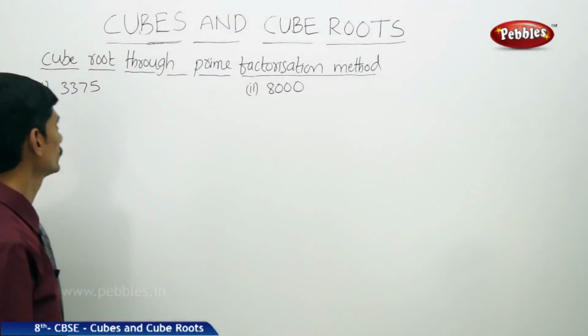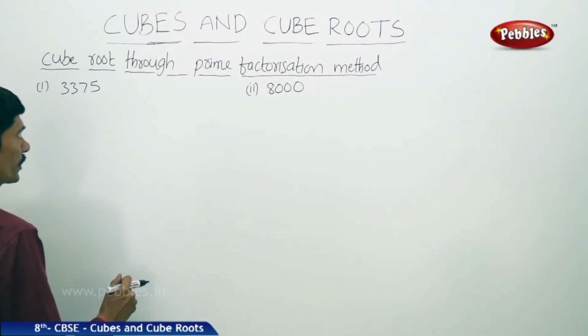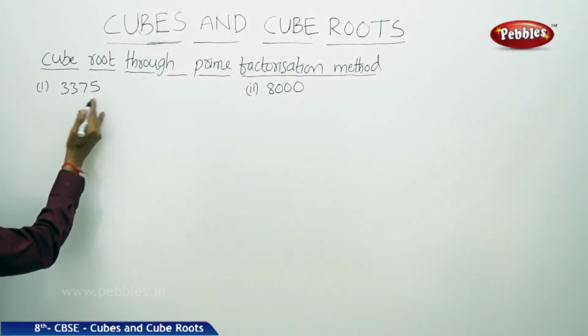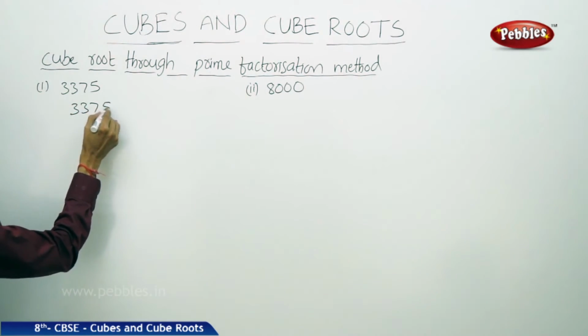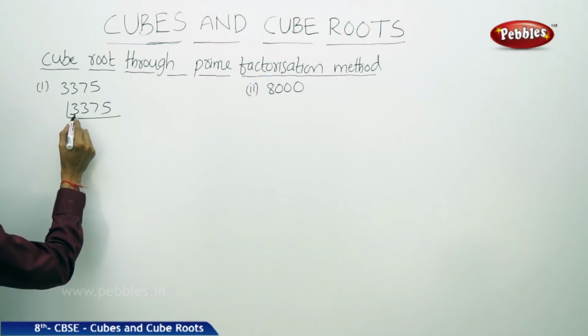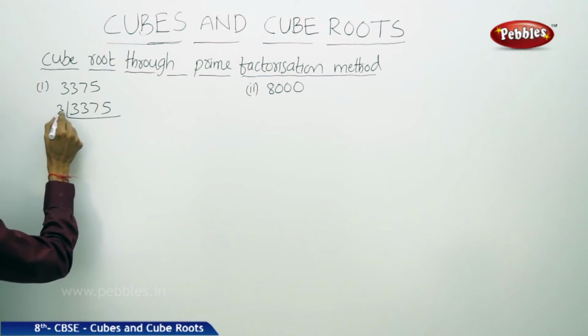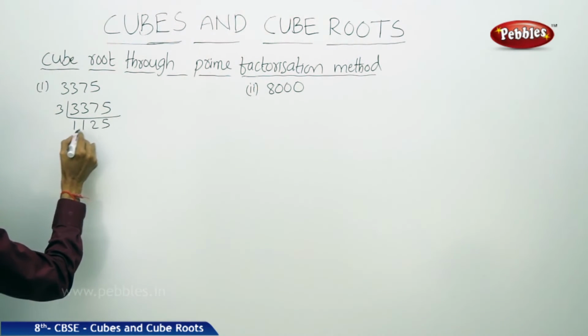The next topic is cube root through the prime factorization method. So we will find the cube root of natural numbers using the prime factorization method. So first we will take 3375. Now it is divisible by the 3 table. 3 1s are 3, 3 1s are 3, 3 2s are 6, 3 5s are 15.